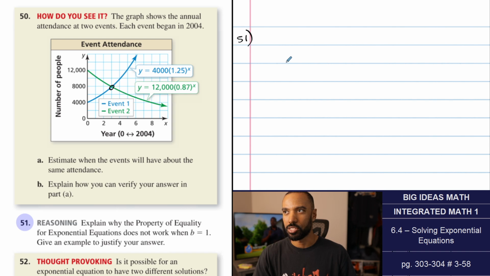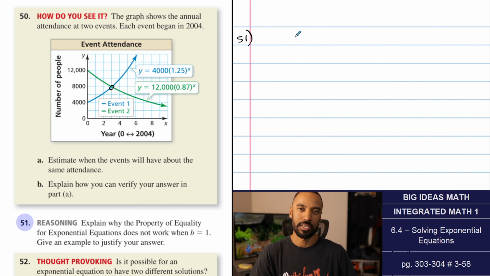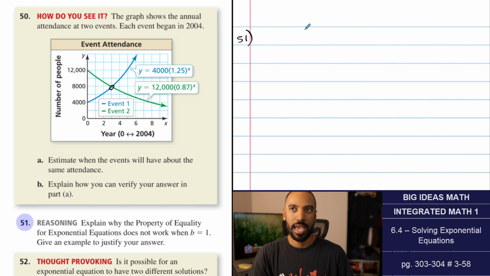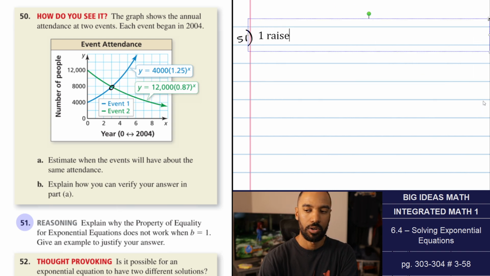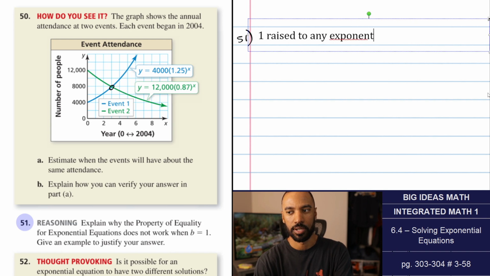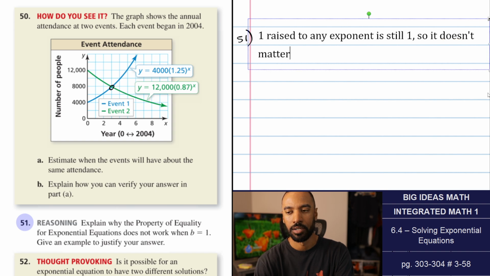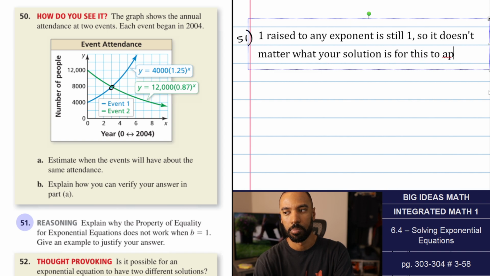The idea is that 1 to any power is still 1. 1 raised to any exponent is still 1. So it doesn't matter what your solution is for this to apply.